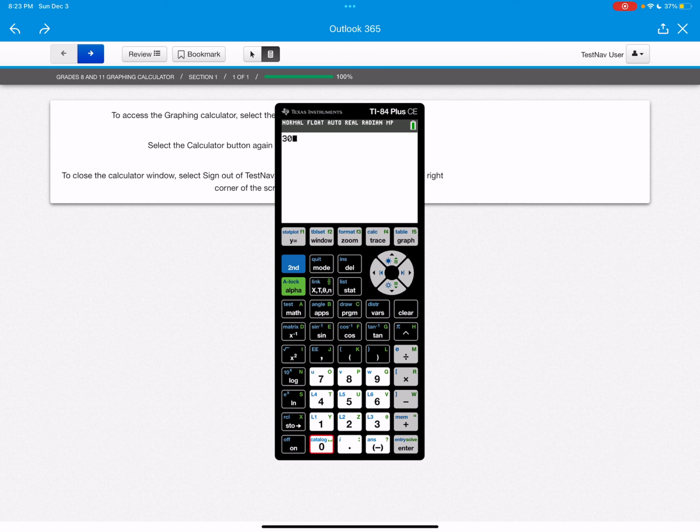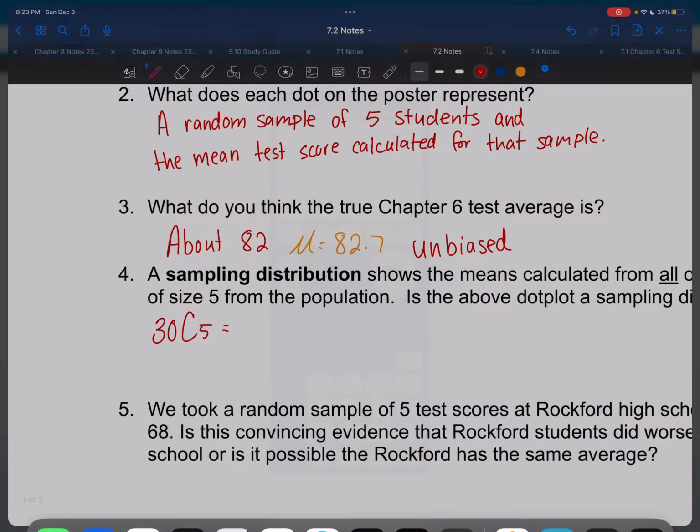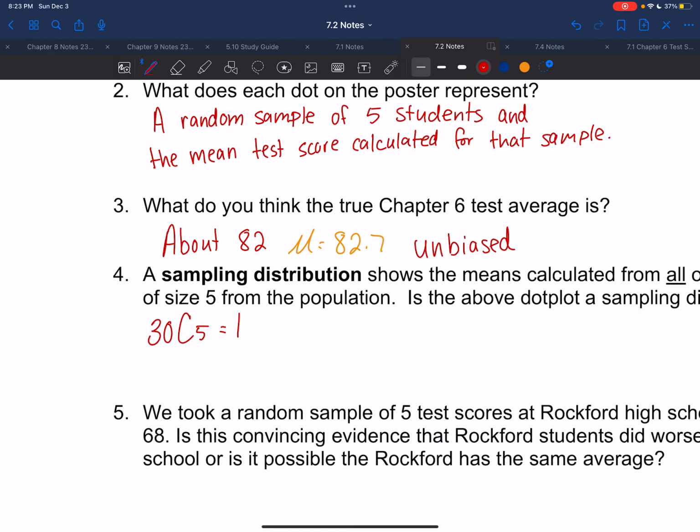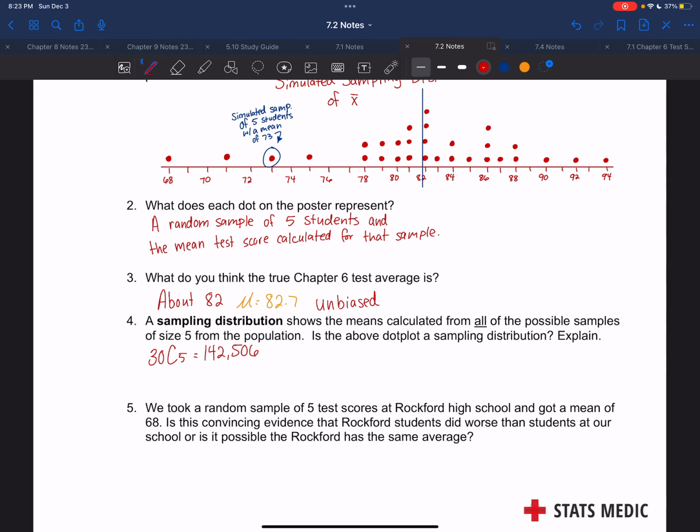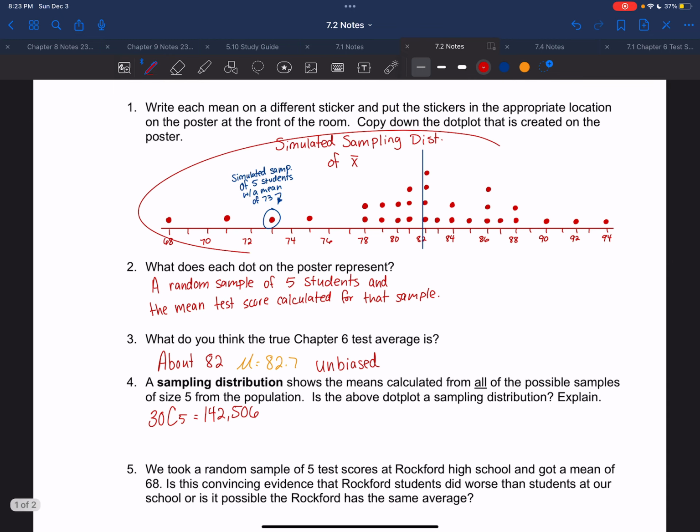30 choose 5, I'd actually need 142,506 dots on this dot plot. All right, so this dot plot should have that many dots if it wanted to be an actual sampling distribution.